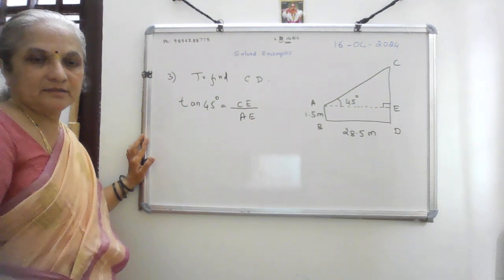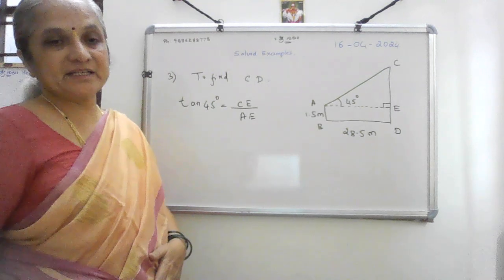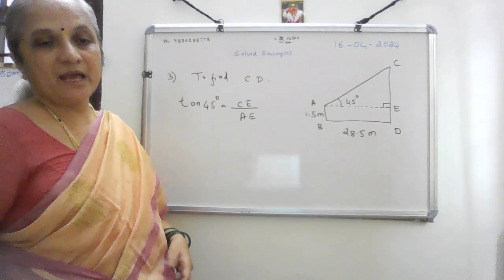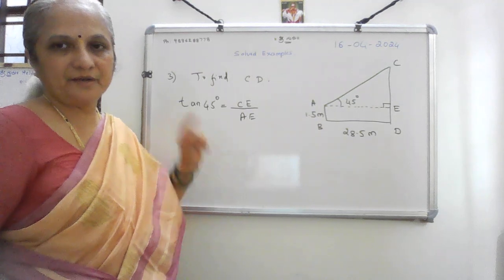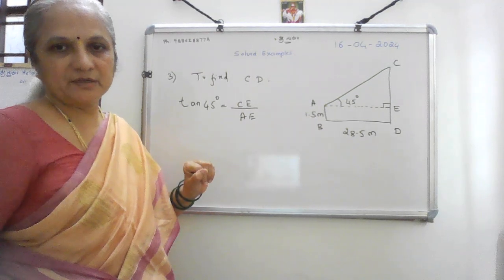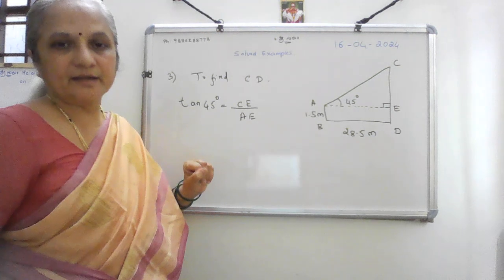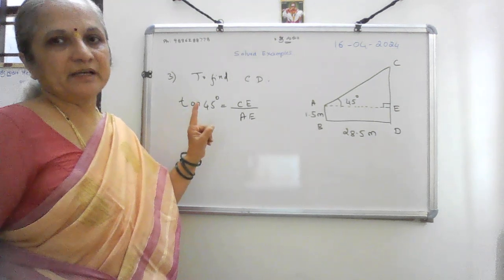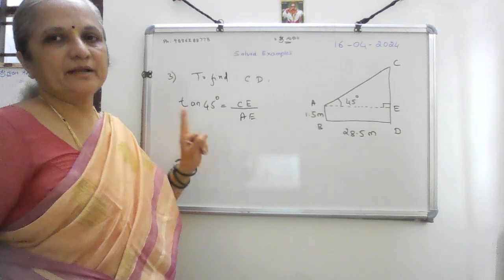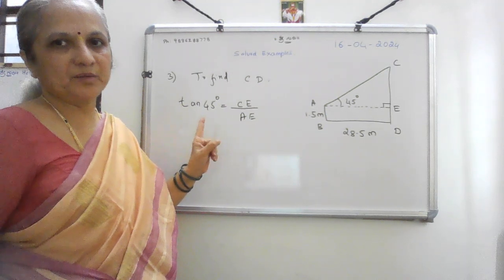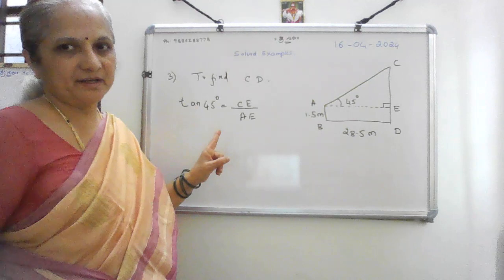Why? In isosceles triangle we have isosceles right triangle, we have two sides equal and 45 degree will be the two other angles, and in isosceles triangle the sides are 1 and 1. Therefore, tan of 45 will be opposite side upon adjacent side. It is 1. Do you remember?